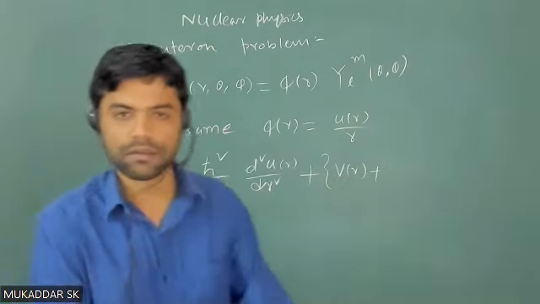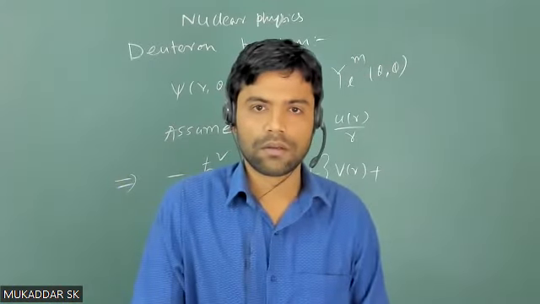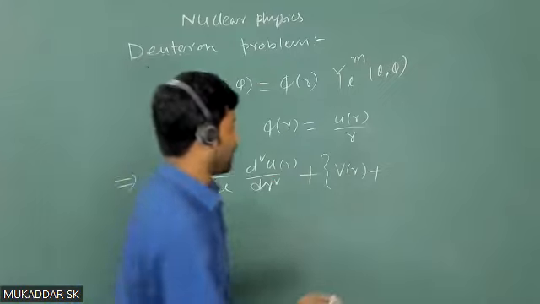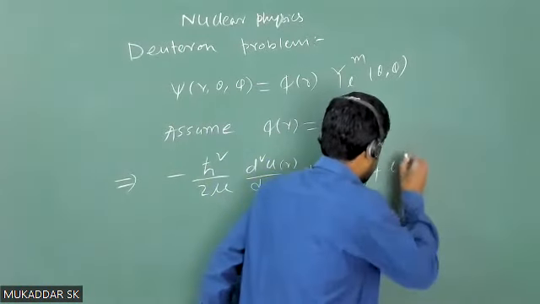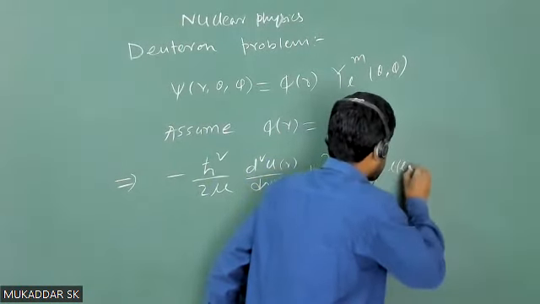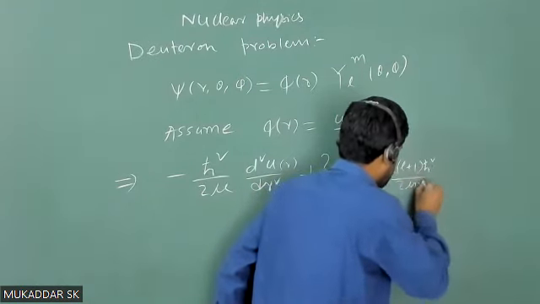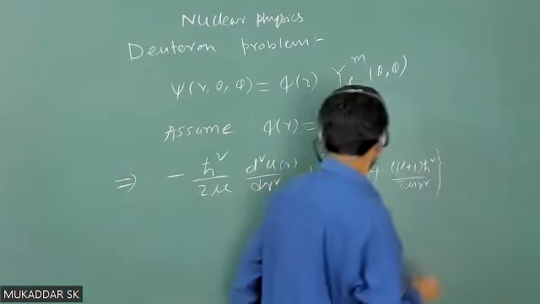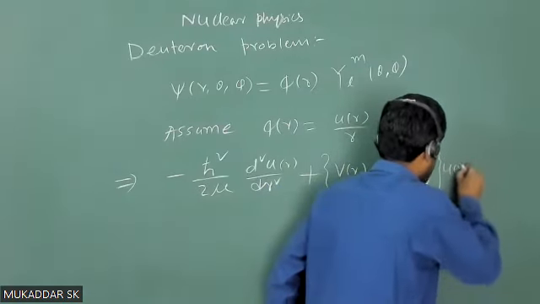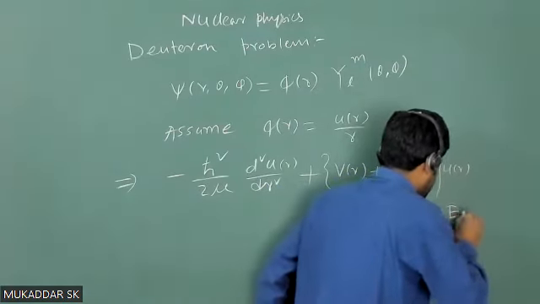Sorry. The centrifugal potential. There will be a central part, right? You know, the centrifugal part, of course. L into L plus 1 h cross square divided by twice mu R square, right? And then we'll have u of R equals E u of R.